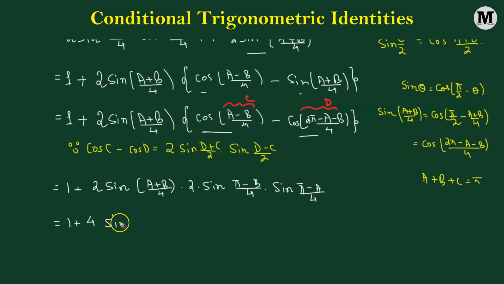We get 4 times sine of the angle (a plus b) over 4 multiplied by sine of (pi minus b) over 4. But here we're going to use the fact that a plus b plus c equals pi. Now, pi minus b is simply equal to c plus a.